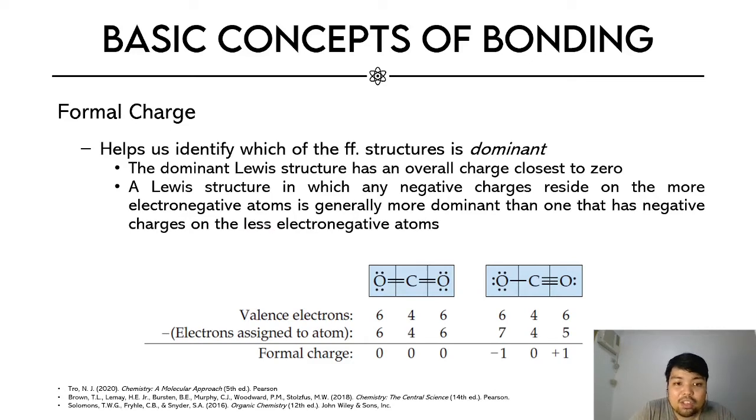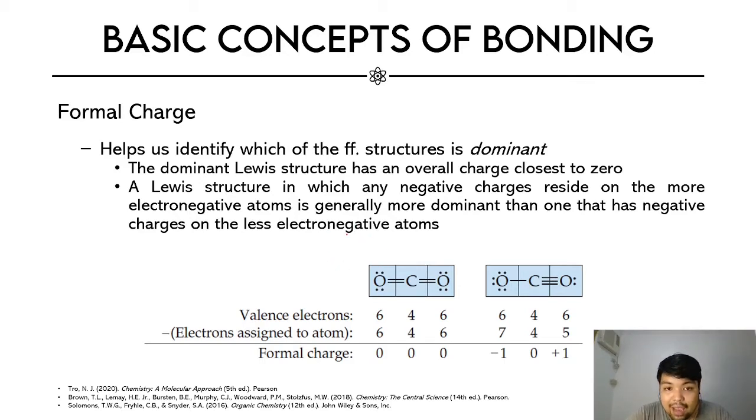So for oxygen, we have 6 here in this Lewis structure, and one of the oxygen atoms here has 7 because we have 6 non-bonding electrons, and the other one comes from the C-O bond because one of them is around the oxygen atom, so that will be equal to 7.